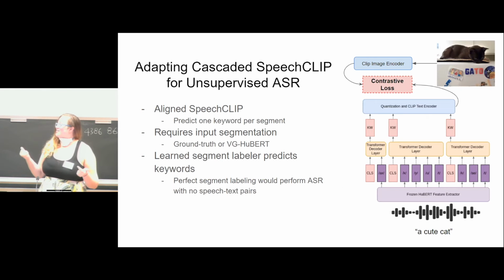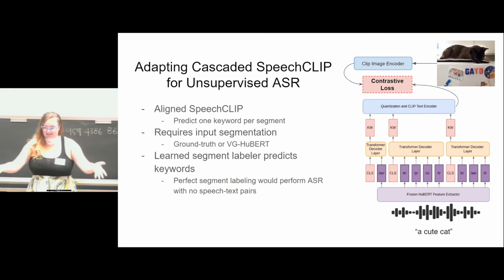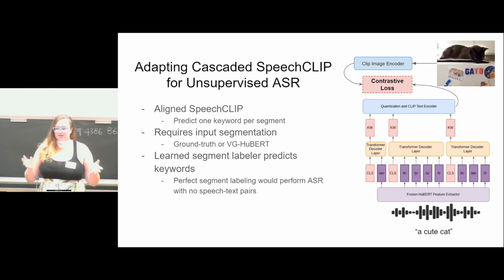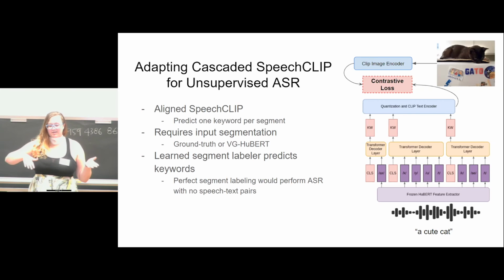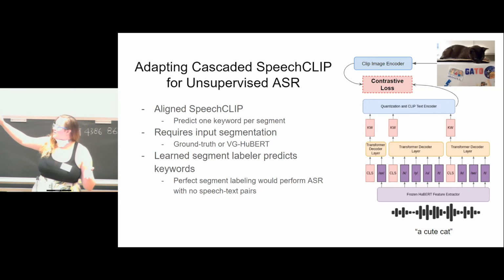That does require us to provide segmentation. So during development, we're using ground truth segmentations. If we were to move this model into full-scale usage, we would need to transfer to predicted segmentations, for example from VG-HuBERT, which introduces some noise. VG-HuBERT is good at giving you high-quality segmentations for content words, but generally tends to miss function words. So that's a drawback of this model.